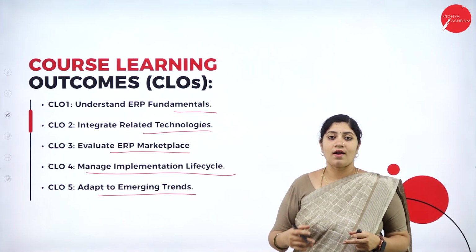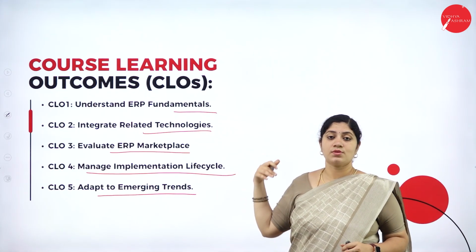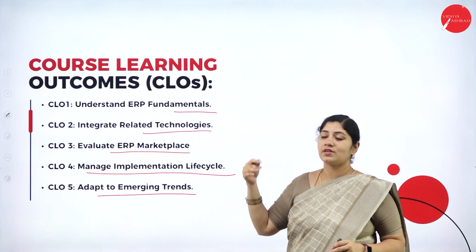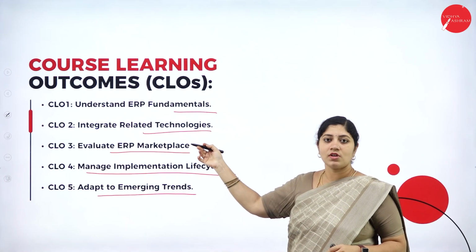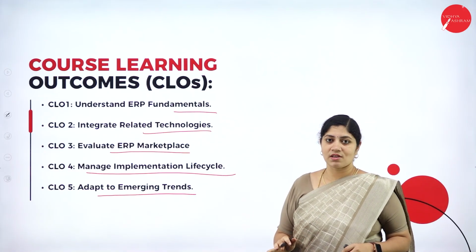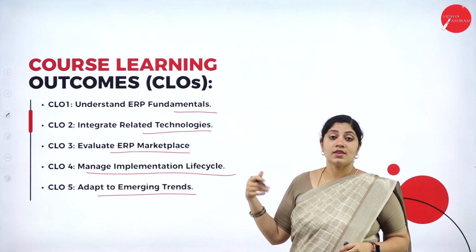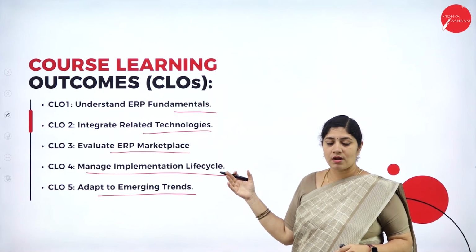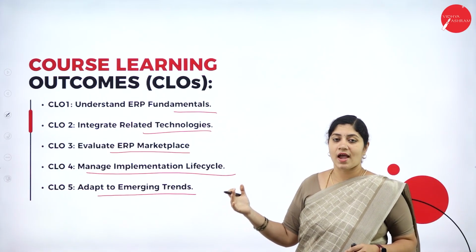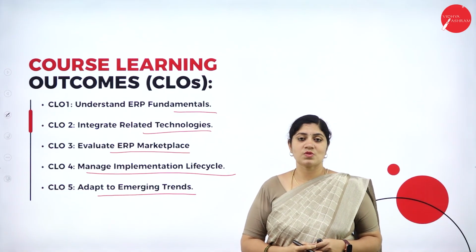So we start the learning with ERP, then we learn the fundamentals, then we go with the related technology. Then after learning technology, we also learn where we can apply this technology. Then the 4th thing we do is learn the life cycle, that's the implementation life cycle of ERP. Finally, we also learn how to keep up with emerging trends. So these are the course learning outcomes of ERP.